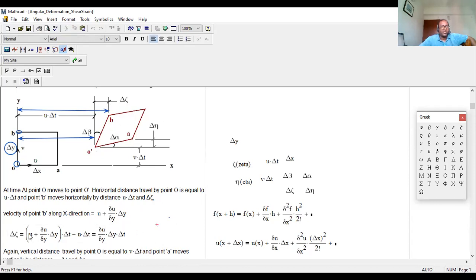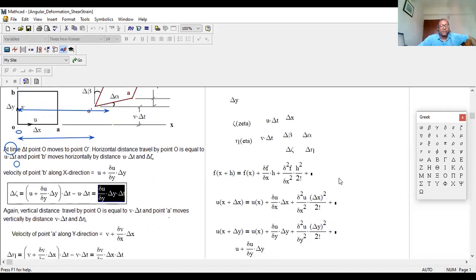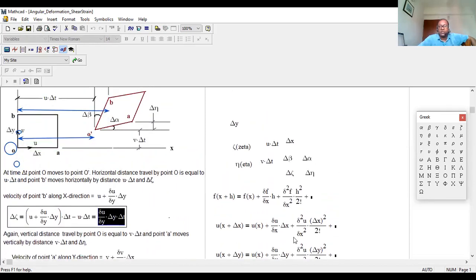So zeta equals the velocity of B into time, minus the distance traveled by point O, which is u delta t. Finally you get this expression. Now, similarly, we need to figure out eta.